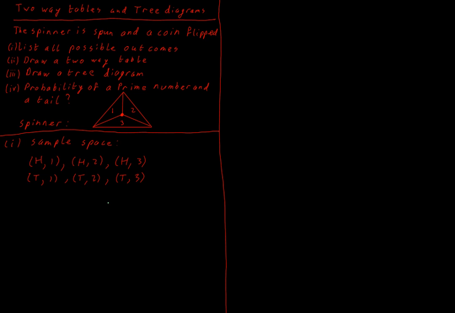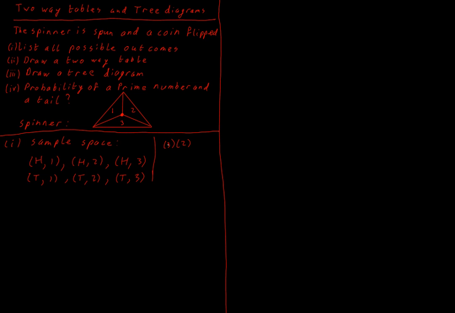And just to link it back to our fundamental principle of counting again, how many outcomes did we get? We got 1, 2, 3, 4, 5, 6. So we have a total of 6 possible outcomes. So if we wanted to know all of our possible outcomes, we could list out our sample space. Or if we just needed to know how many, we have 3 possible outcomes on our spinner, and we have 2 possible outcomes on our coin.